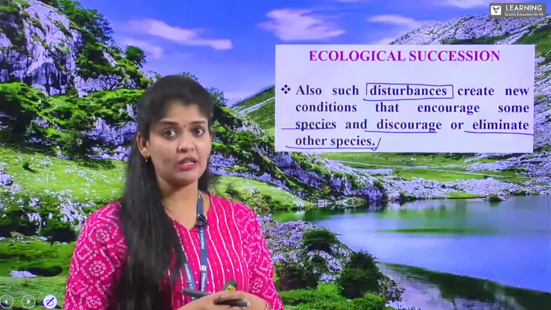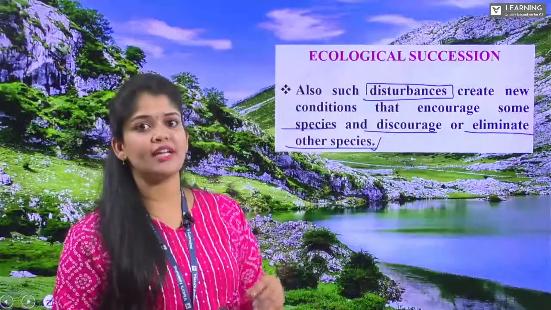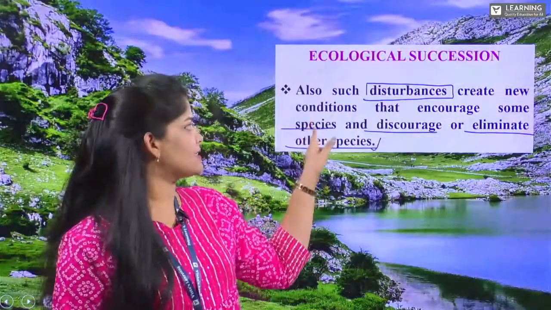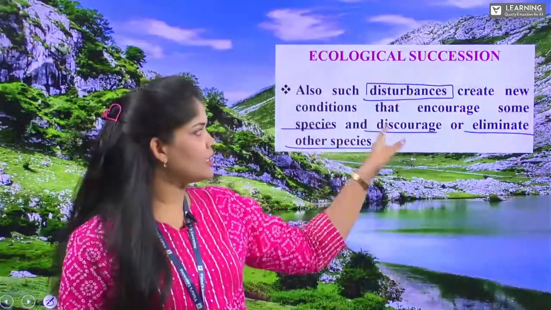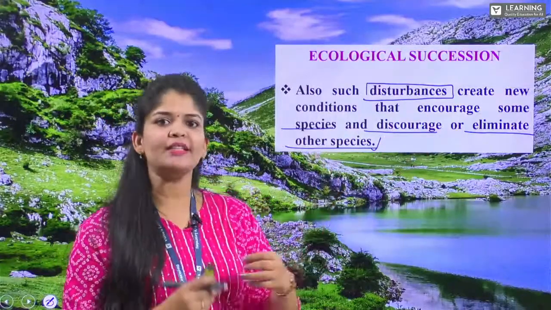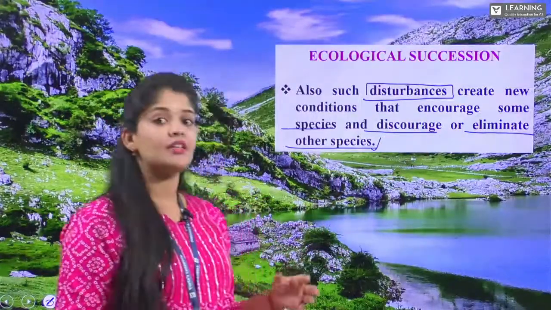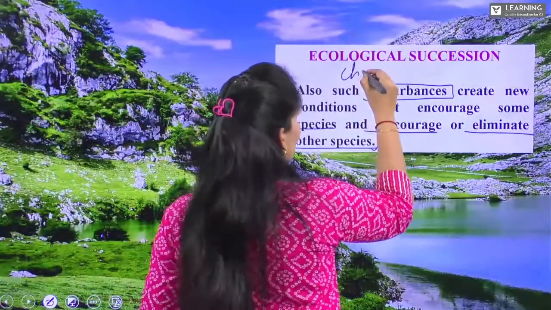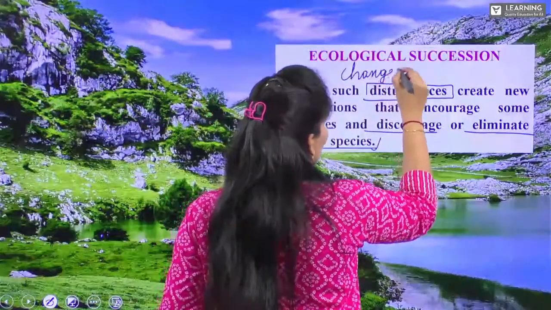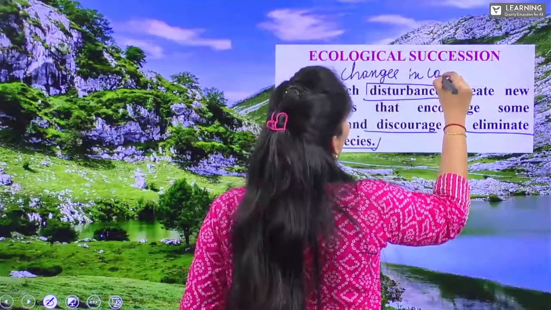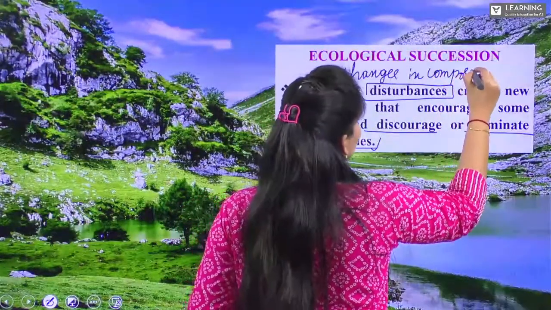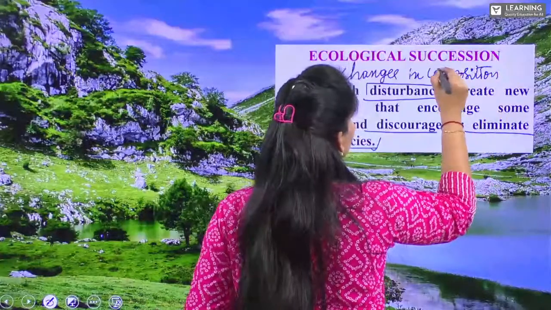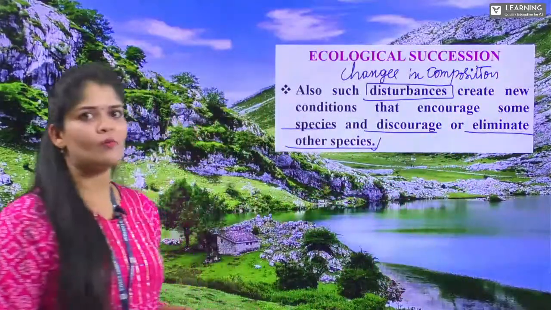While this is happening, the disturbance also means some organisms will be encouraged and some other organisms will be discouraged and eliminated. That is what we are telling. Changes happen in composition. This is the first sentence we already gave: succession is all about changes in the composition and the structure.